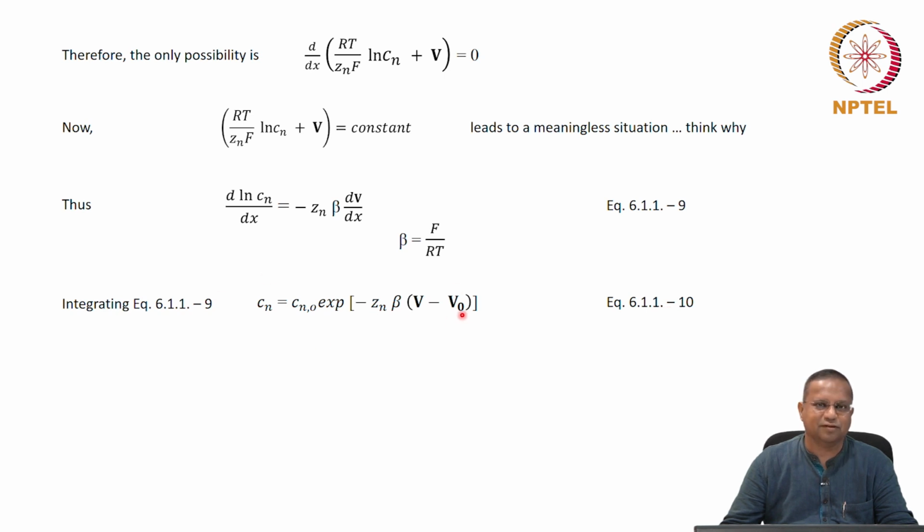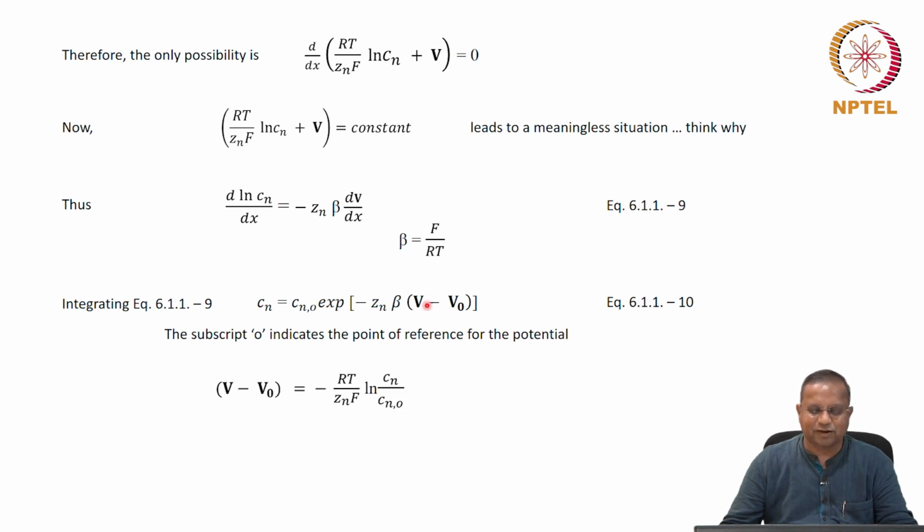Have you seen this earlier in some form? The subscript 0 indicates the point of reference for the potential, right? If we transpose this, V minus V0 is nothing but, going back to RT by F, minus RT by Zn F ln of Cn by Cn0.